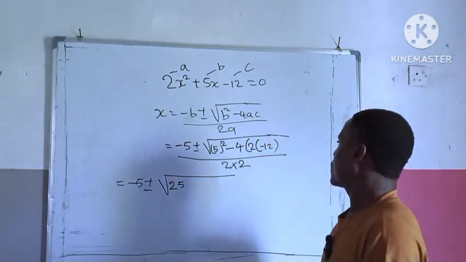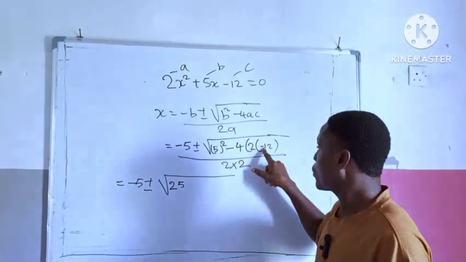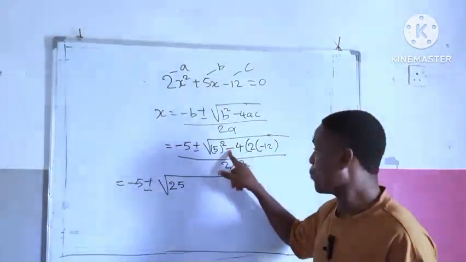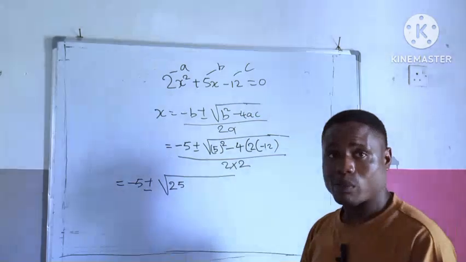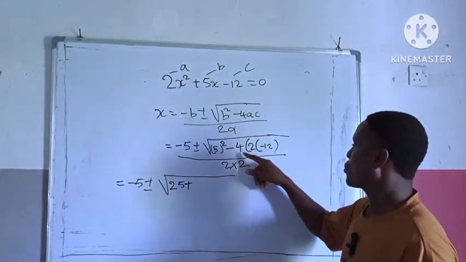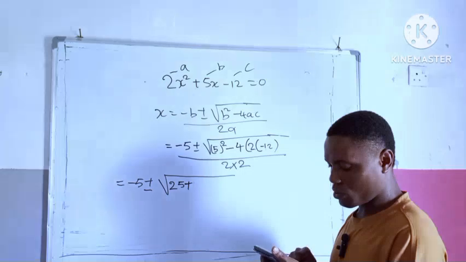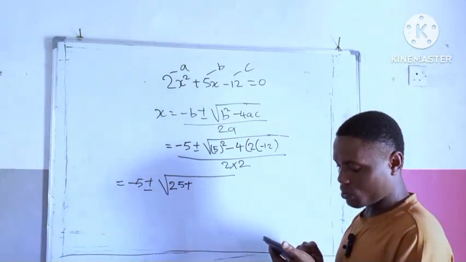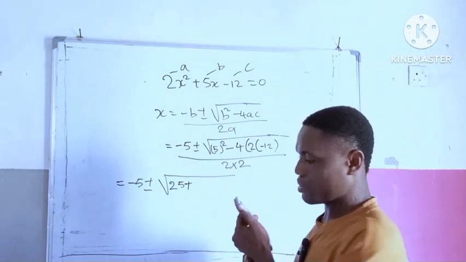Then look at this place, we have a minus sign here. Once you open this bracket, this minus sign will multiply this one. Minus times minus gives us plus. So now 4 times 2 times 12 will give us 96.